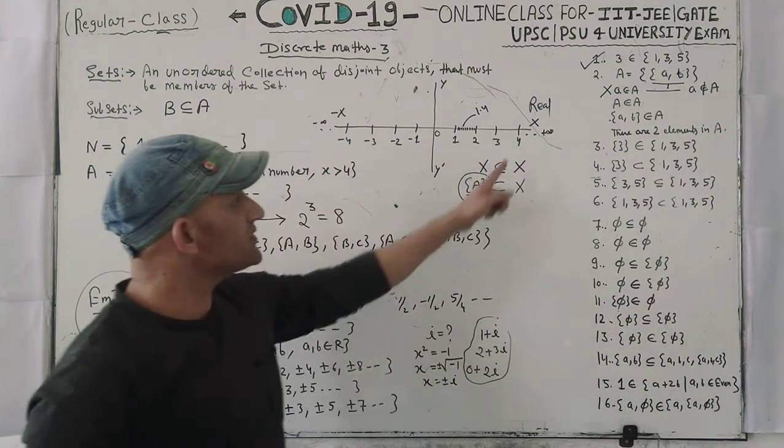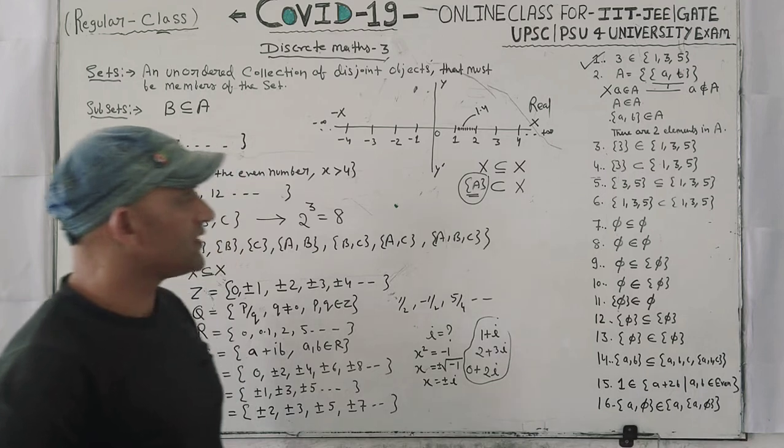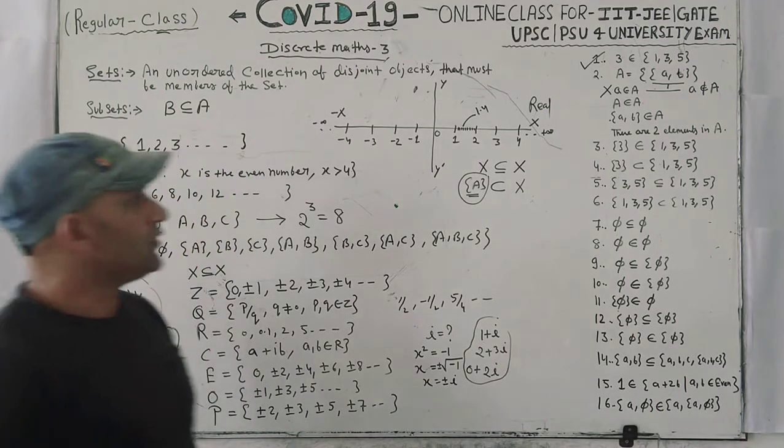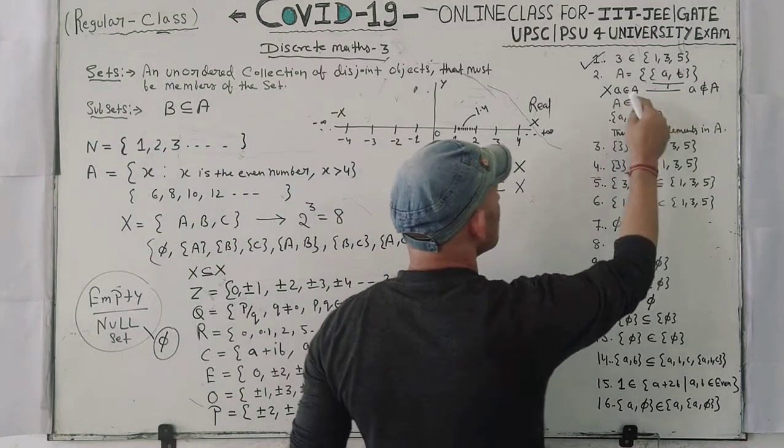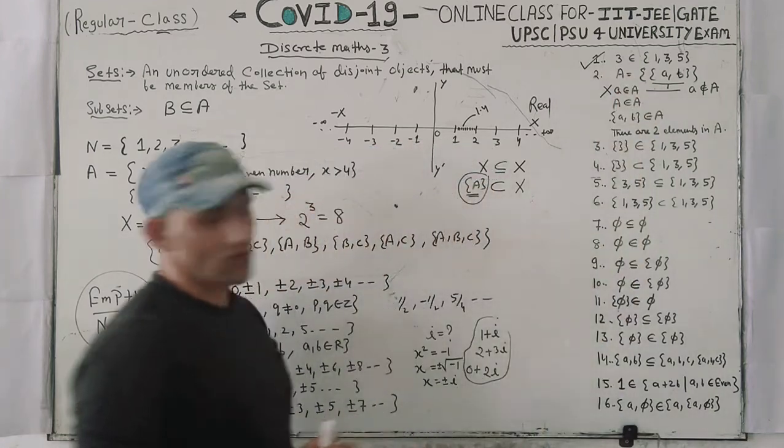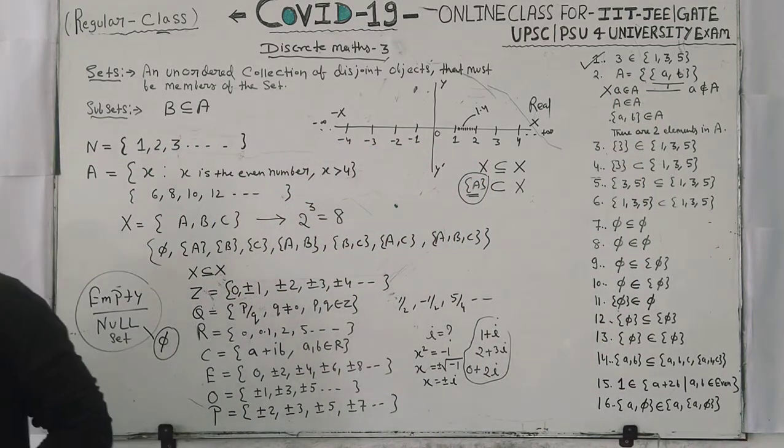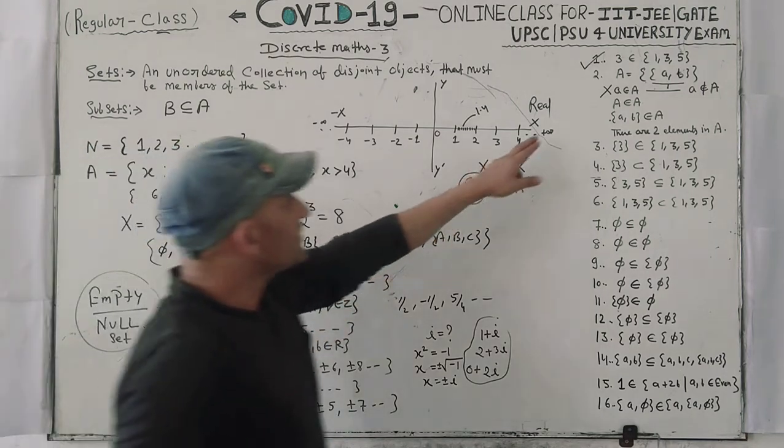Okay. The second one is: does a belong to A? He is asking this. This is also false. You can see this is also false.